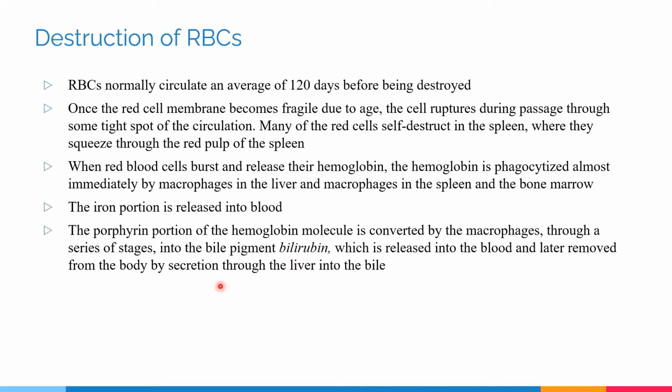So you might have heard of this bilirubin, because in case of jaundice, the patient afflicted with jaundice has eye color that turns yellow and his skin also starts turning yellow. This is a direct result of a release of bilirubin into his bloodstream.